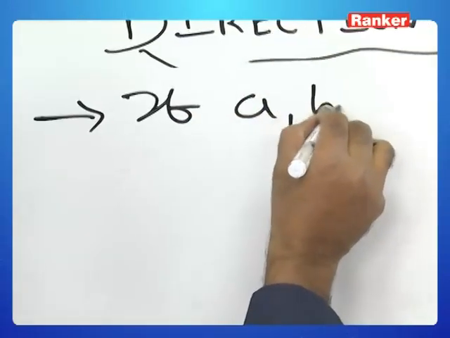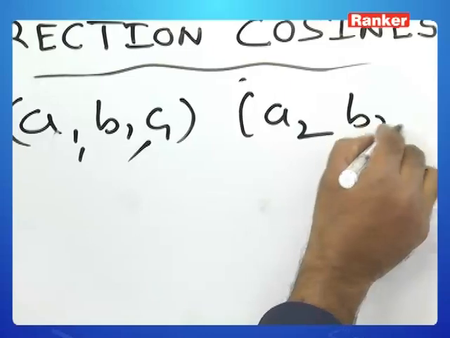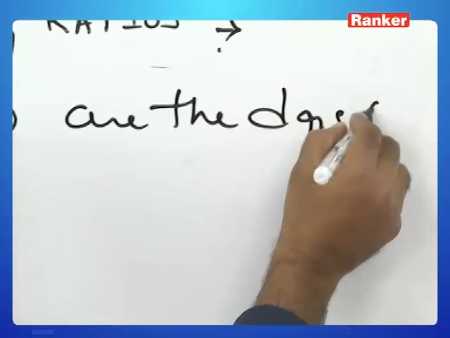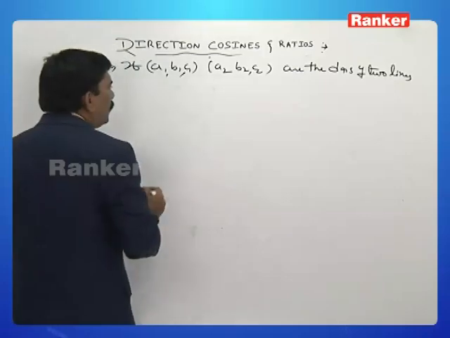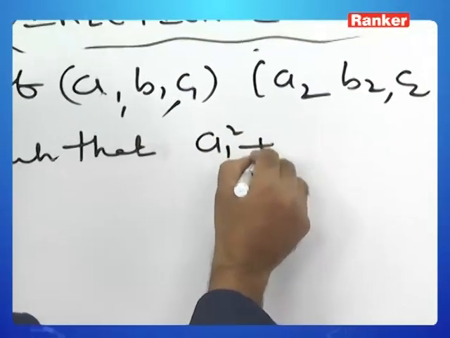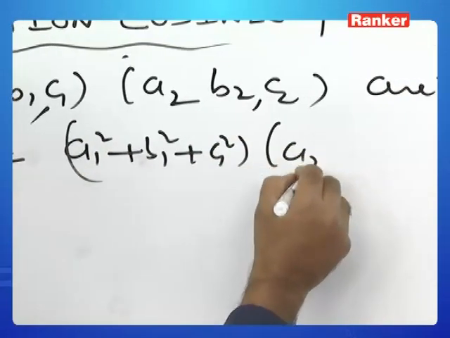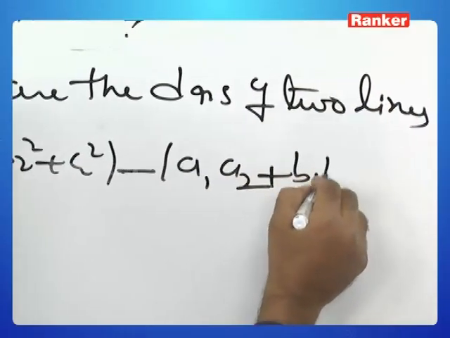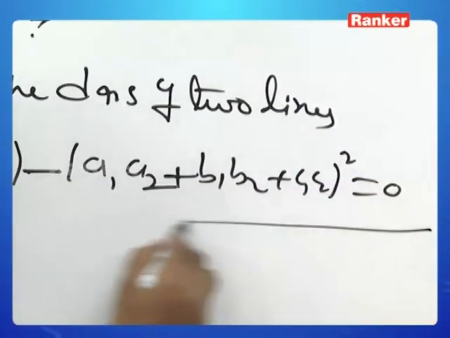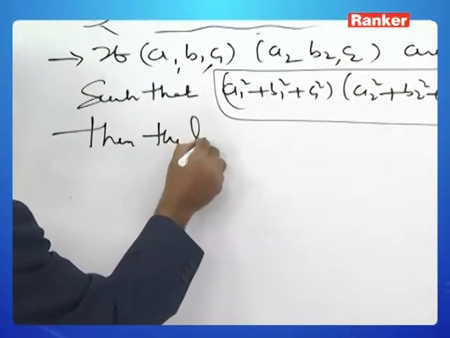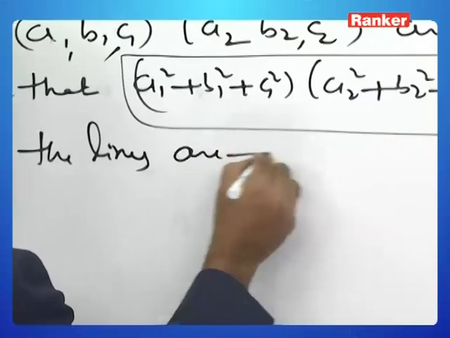If A1, B1, C1 and A2, B2, C2 are the DRs of two lines such that A1 square plus B1 square plus C1 square into A2 square plus B2 square plus C2 square minus A1 A2 plus B1 B2 plus C1 C2 whole square is equal to 0, then the lines are dash.